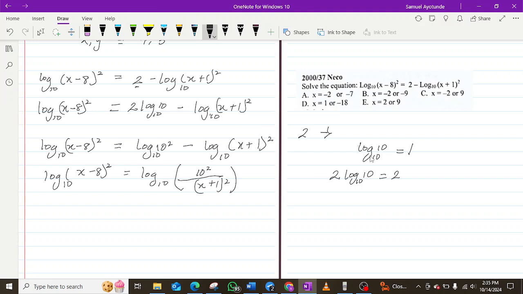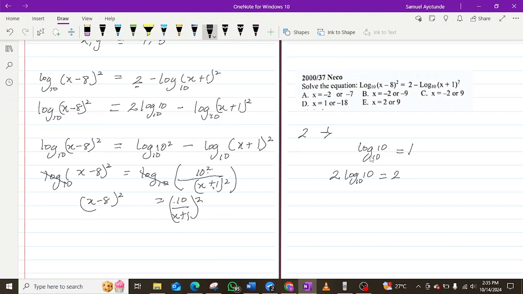So now the two logs can take out each other. So I'm left with (x minus 8) square. And since the two values here in the bracket carry power, it can be written as 10 over (x plus 1), all in bracket square. This is applicable when we have a numerator and denominator with brackets with the same power, so I can write the two of them together with a single power.